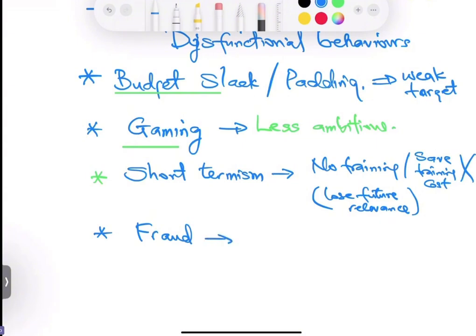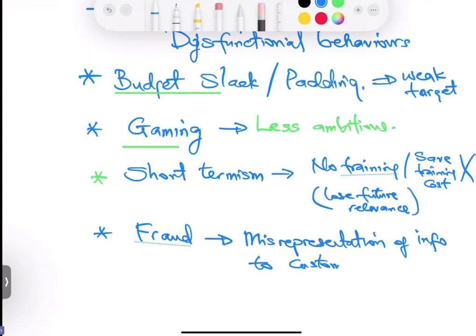This type of fraud is about misrepresentation of information to customers. I'm sure a lot of you would have experienced this before. Companies will come and tell you that we are having sales now, and you get to their store, they say they are doing 50% sales.